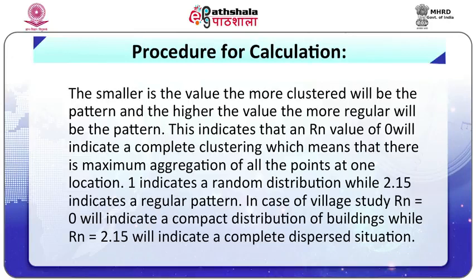An Rn value of 0 indicates complete clustering, which means there is maximum aggregation of all the points at one location. 1 indicates a random distribution, while 2.15 indicates a regular pattern. In a village study, Rn equal to 0 will indicate a compact distribution of buildings, while Rn equal to 2.15 will indicate a completely dispersed situation.